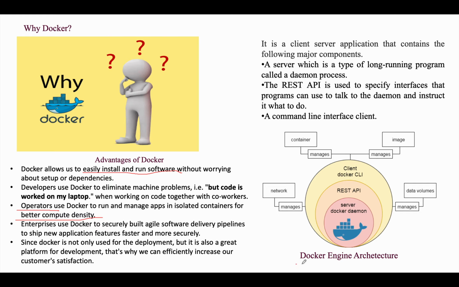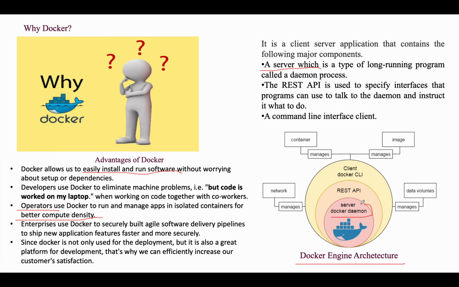Here is the Docker engine architecture. There are three main components in Docker, because Docker is a client-server architecture. First, a server, which is a type of long-running program called a daemon process.